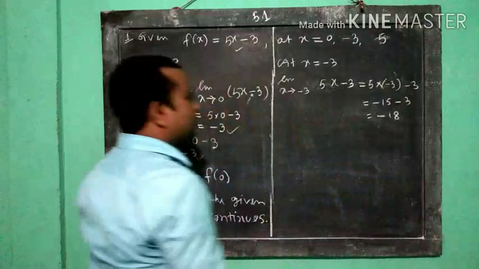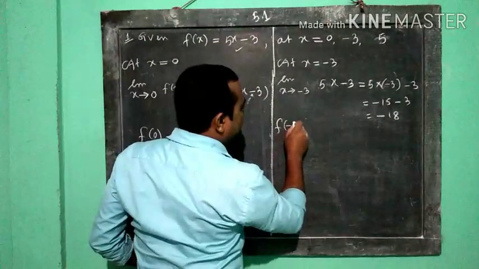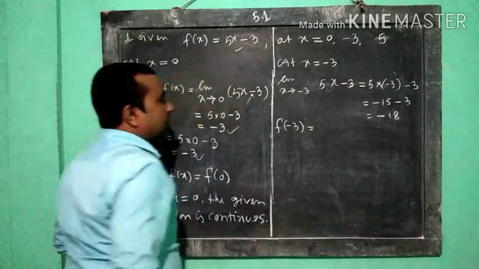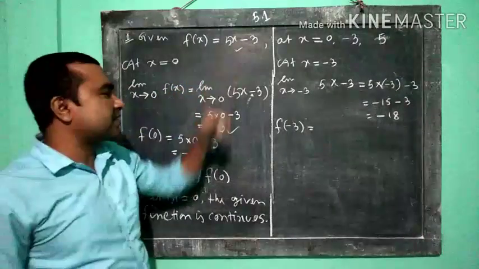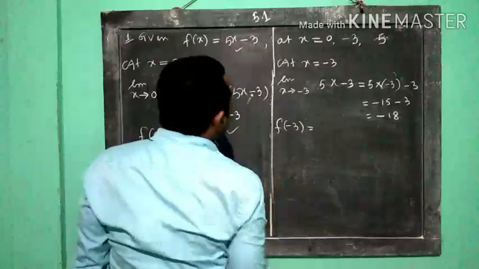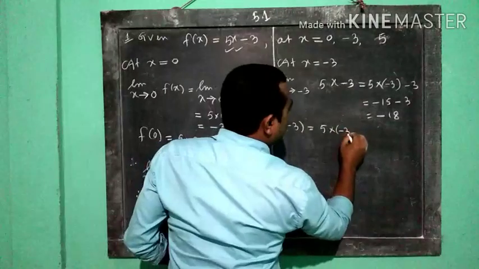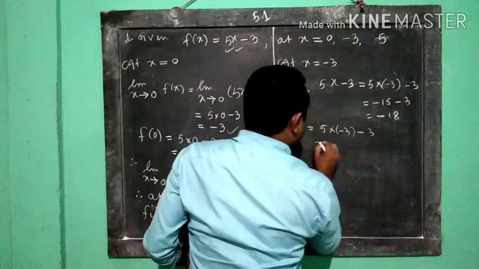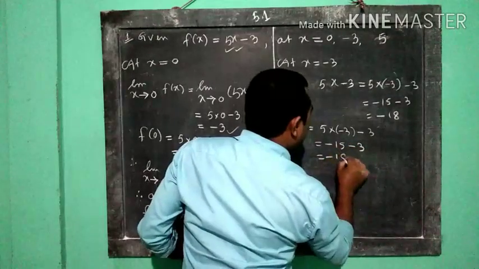Now we are going to find f(-3). The given function is f(x) = 5x - 3, so x is replaced by -3. We write 5 into -3 minus 3, which is -15 minus 3, equal to -18.